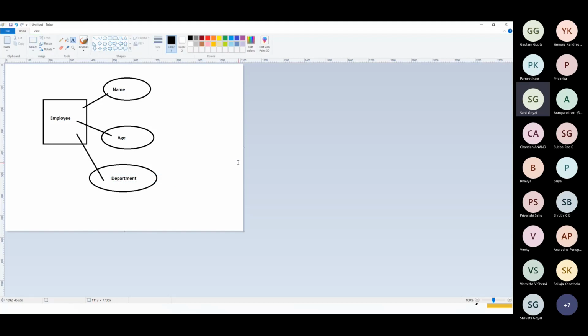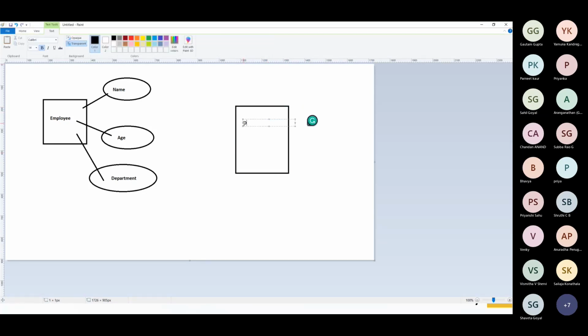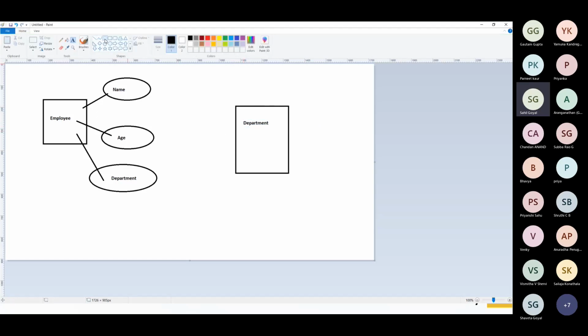Now, at the same time, there is another entity which I'm calling the department entity. This department entity will have further attributes to it, let's say department name and department phone number.